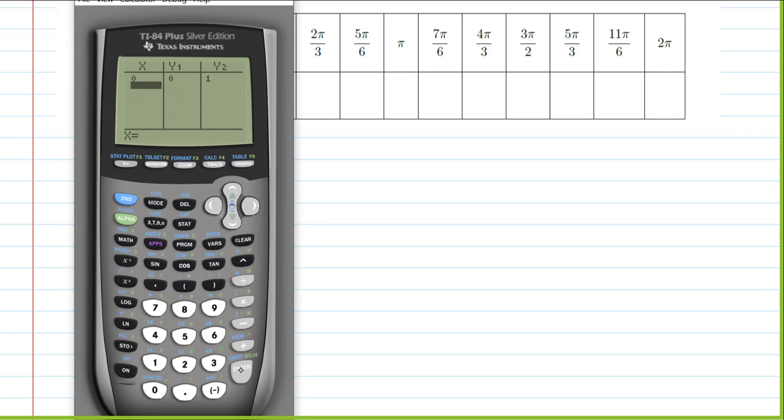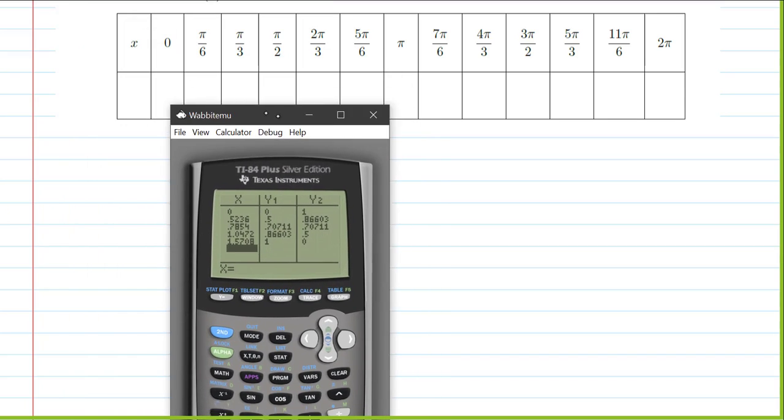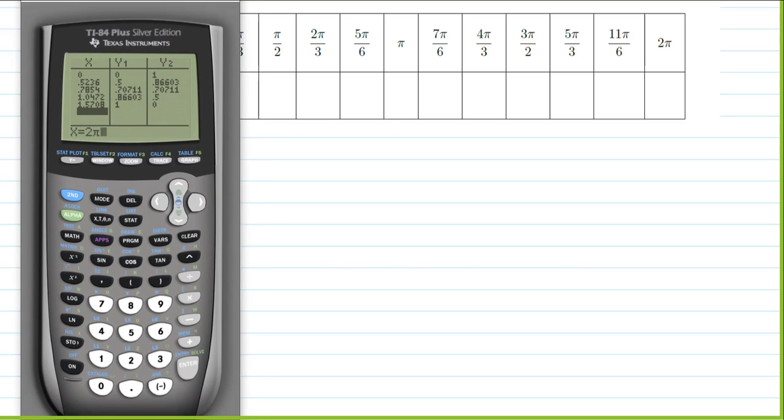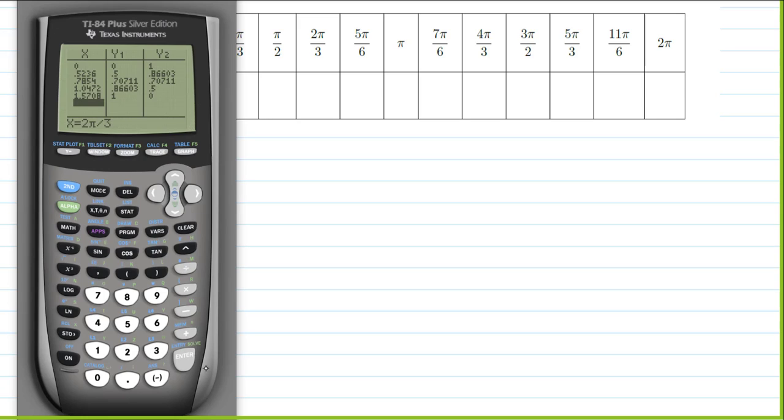So we're going to put in 0, pi over 6, pi over 4, pi over 3, pi over 2, and then the next one is 2 pi over 3, and we'll go 5 pi over 6.